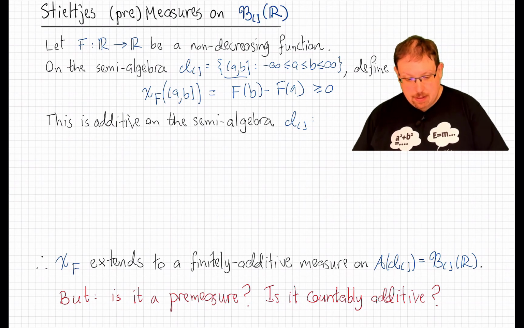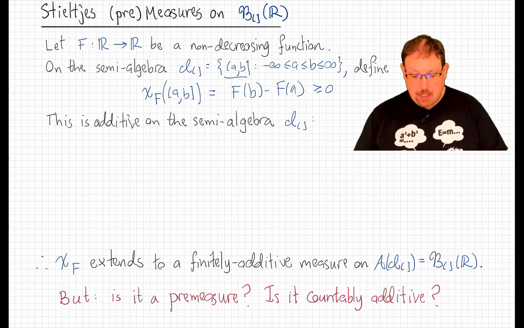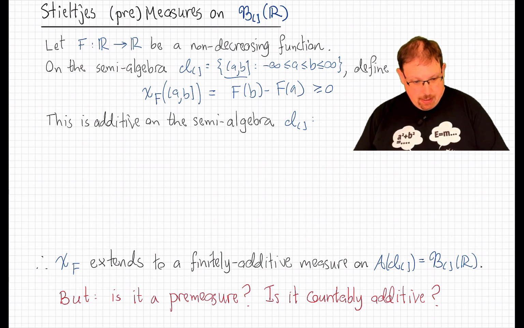That means that if I decompose any half-open interval into two disjoint half-open intervals, the function needs to be additive over that disjoint union. So let's take a half-open interval.